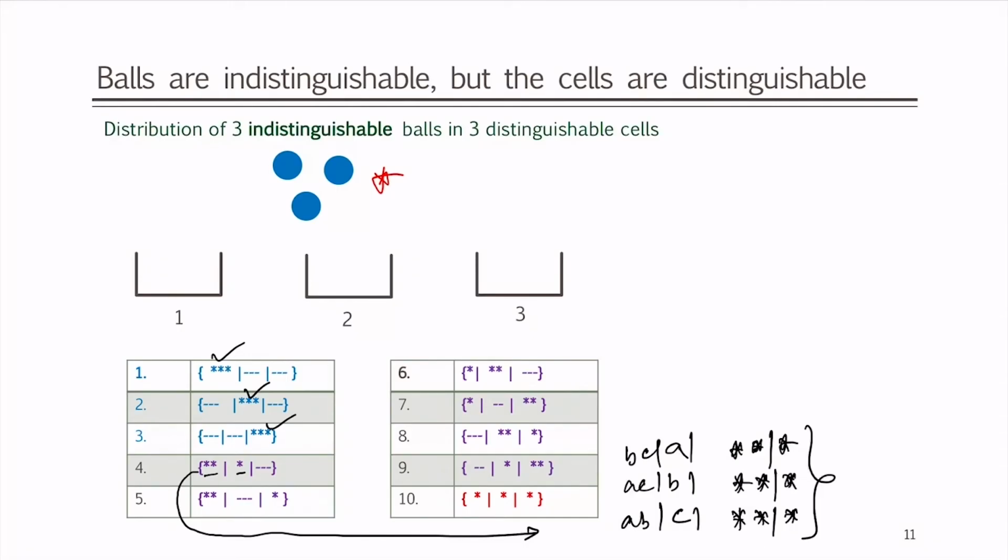See, now these three are indistinguishable, right? We cannot distinguish this from this from this. So, therefore, when the balls are indistinguishable, we get a smaller number of microstates, and that is why from 27 we got only 10 possible distinguishable configurations.